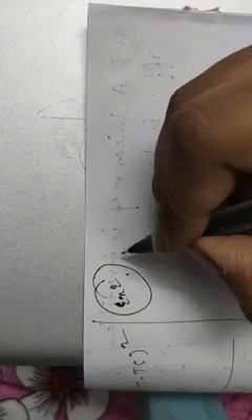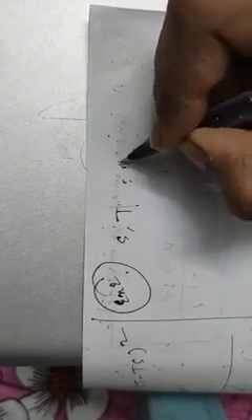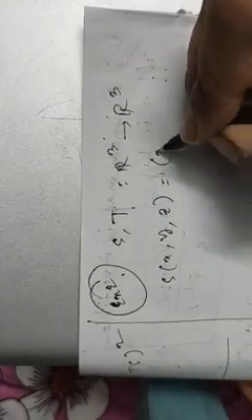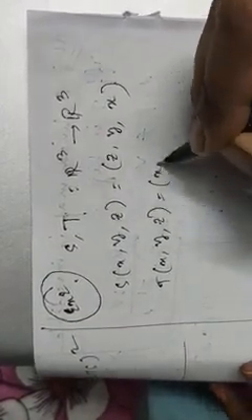It is saying that S and T are two linear mappings from R cube to R cube, defined by S(x,y,z) equals (z, y, x), and T(x,y,z) equals (x+y+z, y+z, z).